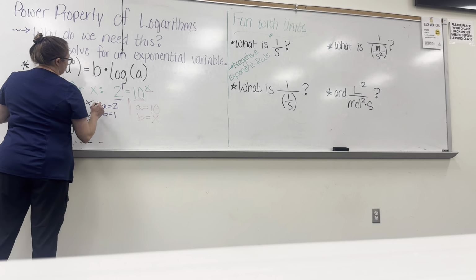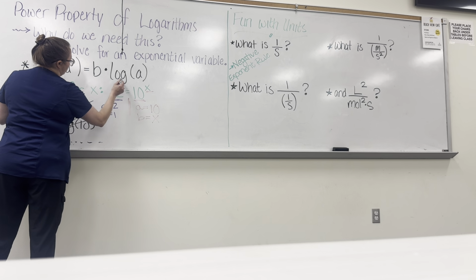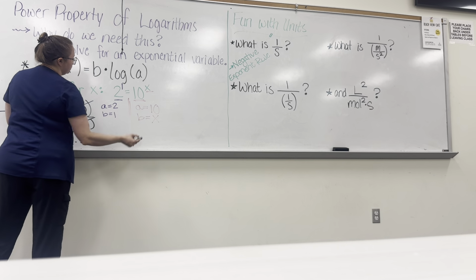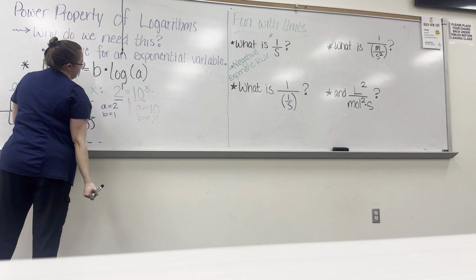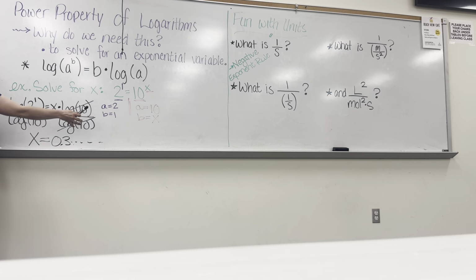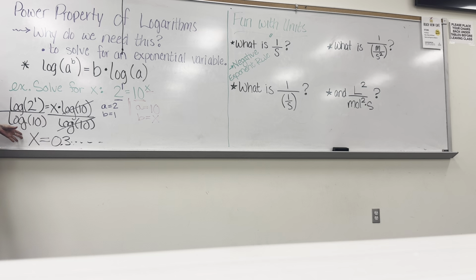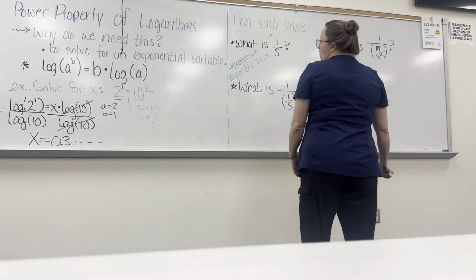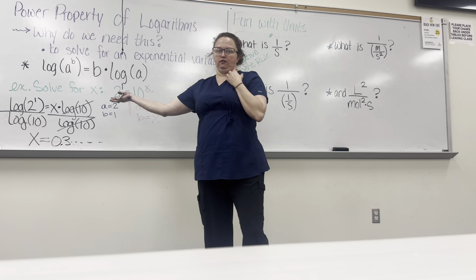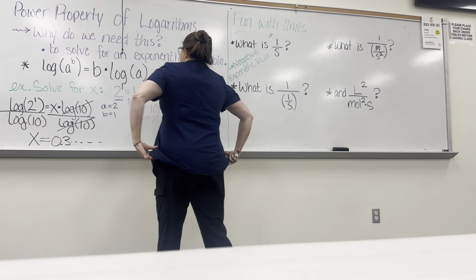So your A is 2. Your B is the power of 1. Over here, your A is 10. Your B is x. Fill everything in. You solve your equation for your variable x. You get it all alone, and you get some ridiculous decimal. Or if your teacher wants you to leave it in fractional form, leave it in fractional form, but that's up to the teacher.